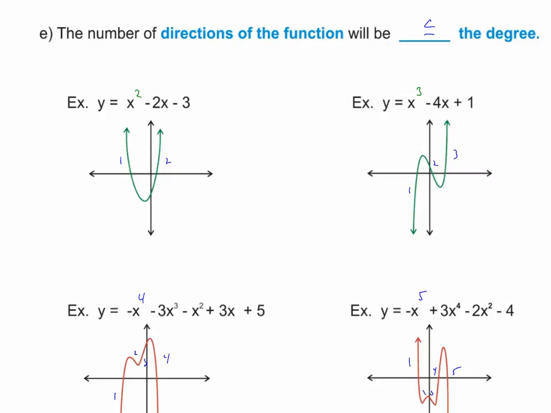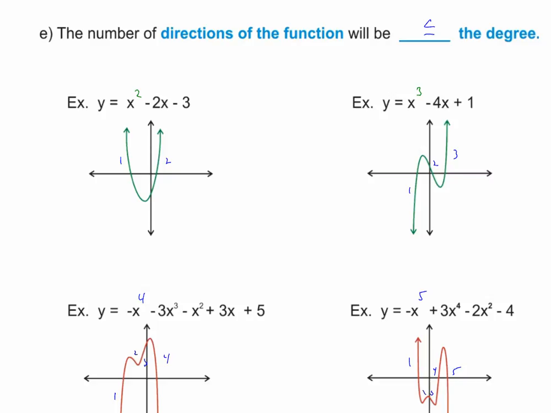The other aspect is how many directions is going to correspond again to the lead term's degree. So if it's squared, you can have a max of 2 directions, cubed 3, fourth power, max of 4 directions, etc. Directional changes are always 1 less, so up to 1 less than the power.